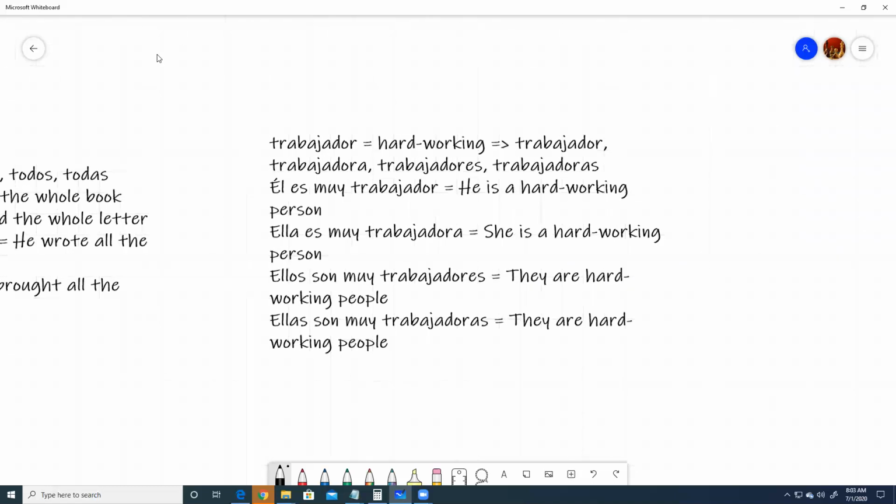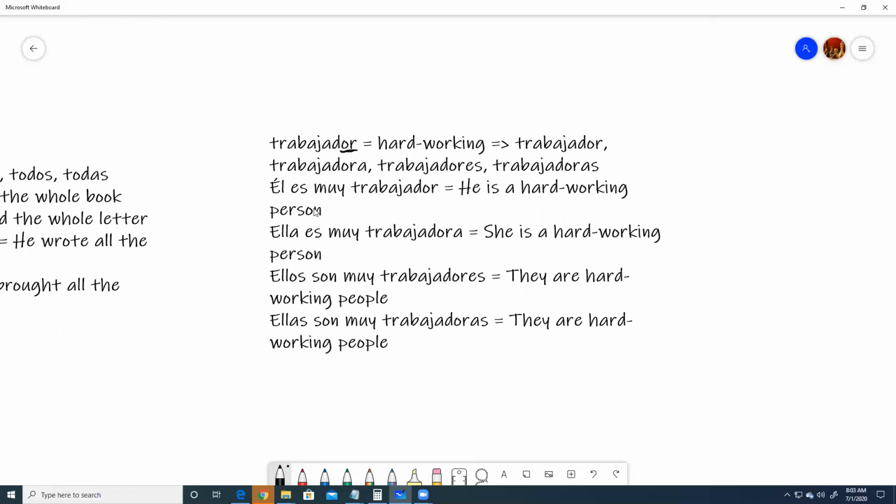Let's use in this case the adjective trabajador, hardworking. And then, because it's ending in OR, you have 4 options. Trabajador, trabajadora, trabajadores, and trabajadoras, because it's ending in OR. So masculine singular, feminine singular, masculine plural, and feminine plural.